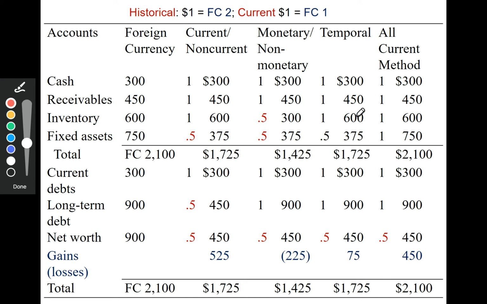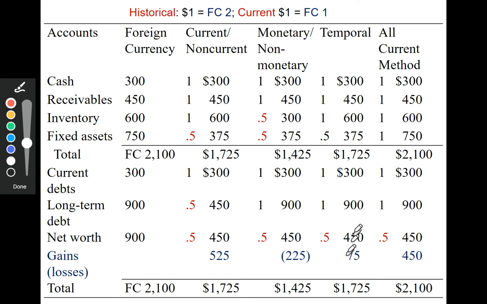We add up the assets that we have in dollars and we end up with 1,725. We jump to the other side of the balance sheet and write the same number, 1,725, as our liabilities and owner's equity. Now the balance sheet balances.